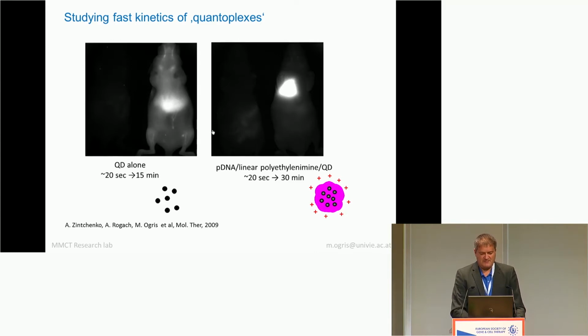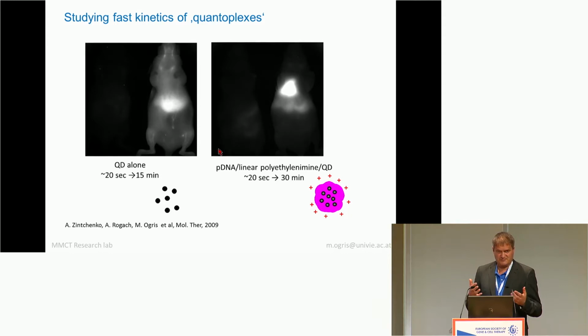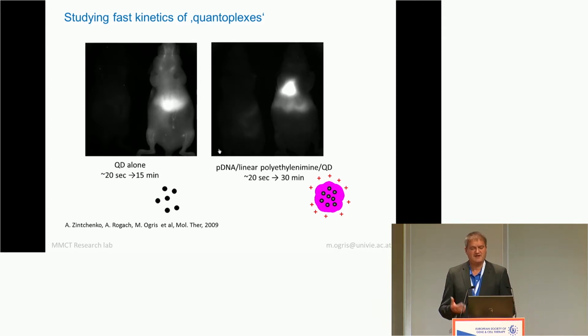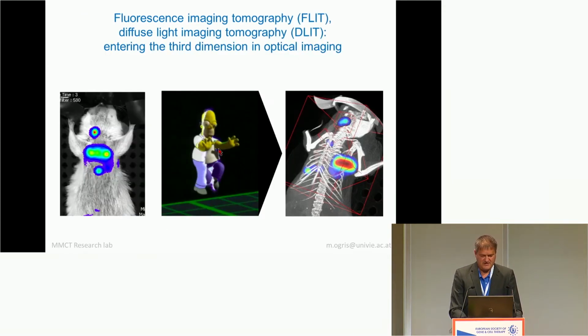What we did next is we used these quantum dots quite like raisins in a muffin. So we built them into the gene delivery particles and also injected them IV. And what we saw is a very rapid redistribution of the material. First the stuff sticks in the lung, and then it's redistributed into the liver area. So here, with near-infrared imaging, you can measure relatively fast events that take place.